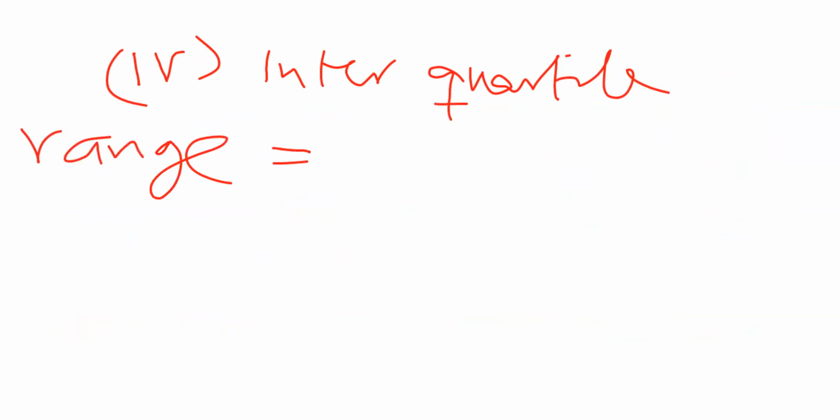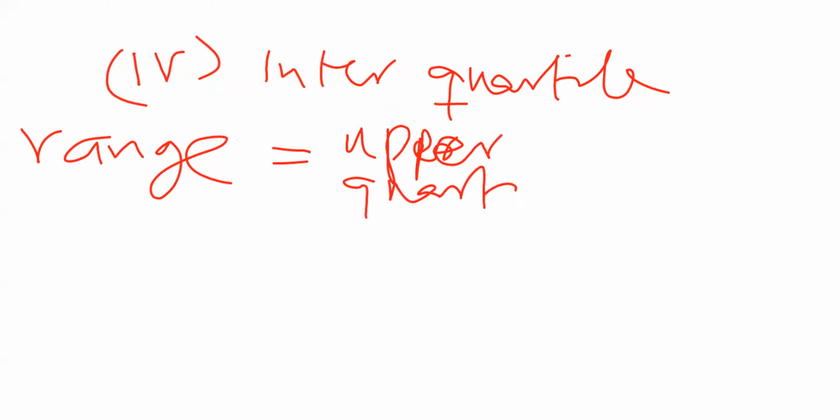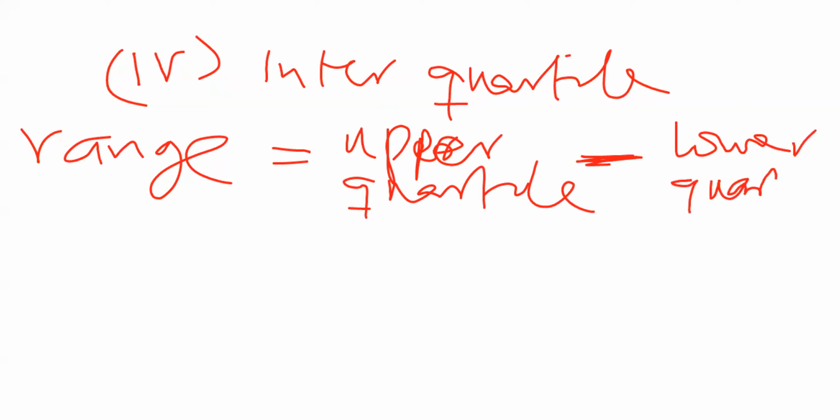The formula we're made to understand is upper quartile minus lower quartile. And this quartile is Q3, and this one is Q1.